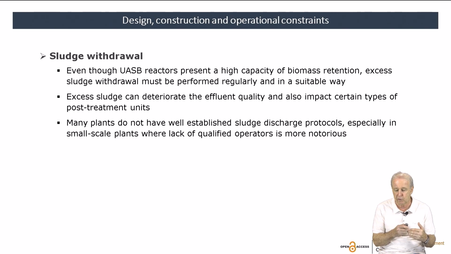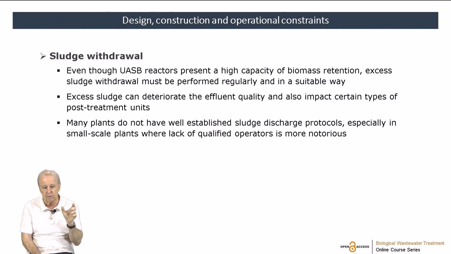If the excess sludge is not removed, it will be removed in any way, for instance, by washing out solids with the final effluent. So the reactors have a high capacity to retain the biomass, but only up to their storage capacity. If the sludge amount is beyond this storage capacity, this sludge will be lost with the effluent, as I'm going to show you in the next slide.